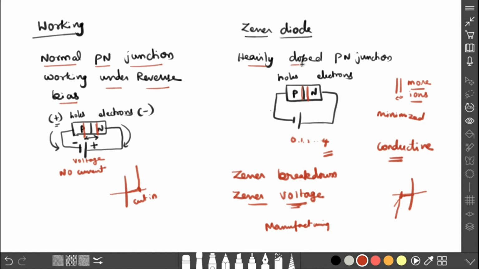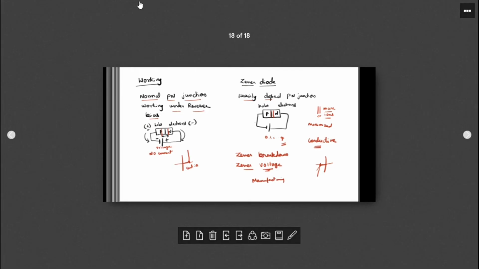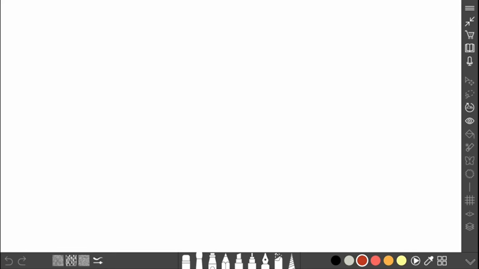The same thing I would like to show in the VI characteristics, the same discussion by means of a graph. This is the VI characteristics of the Zener diode. When the Zener diode is forward biased, it acts like a normal PN junction.